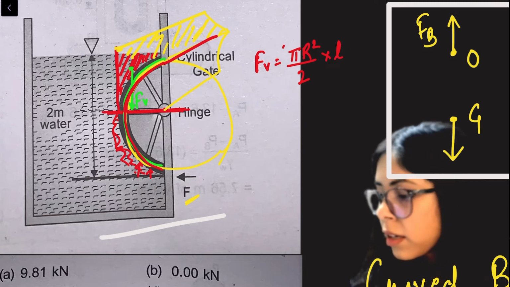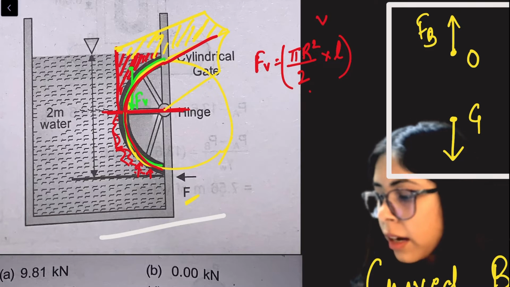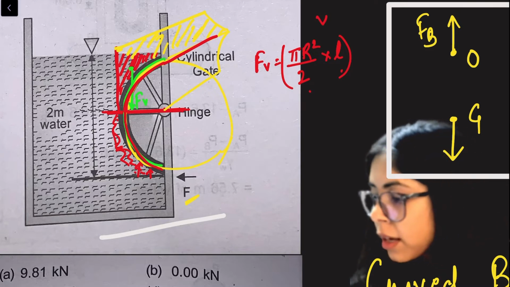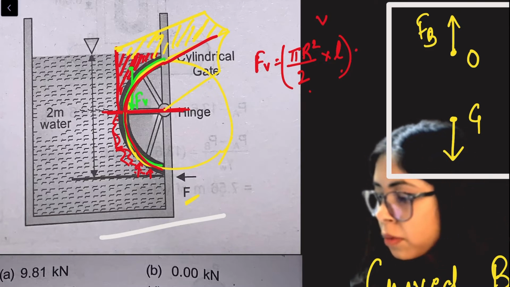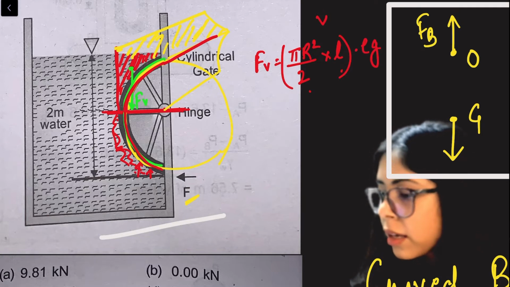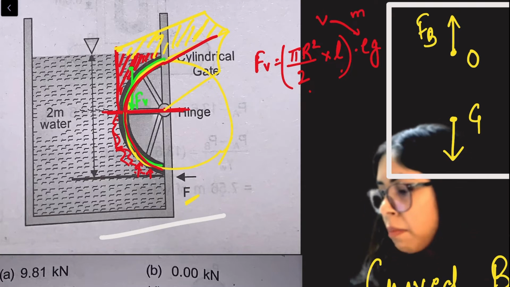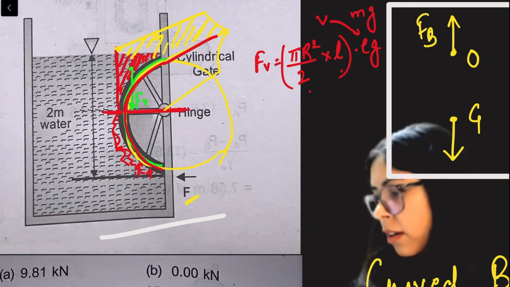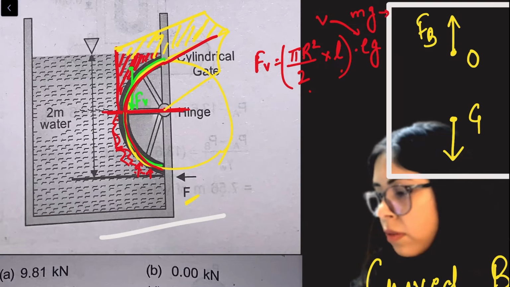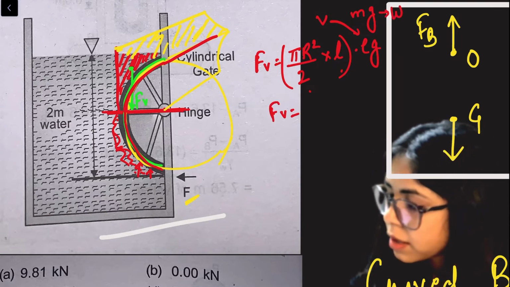So pi r square into L. What is this? This is volume. Area into length becomes volume, into rho g. Why? Volume into density gives the mass, right? And mass into gravity will give you weight. So I want the weight. So this is nothing but Fv is pi r square.